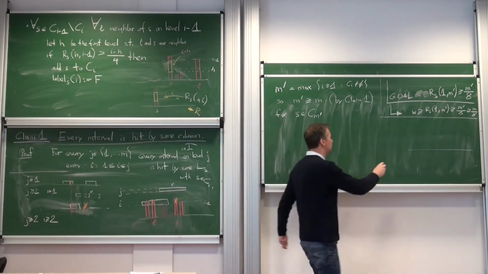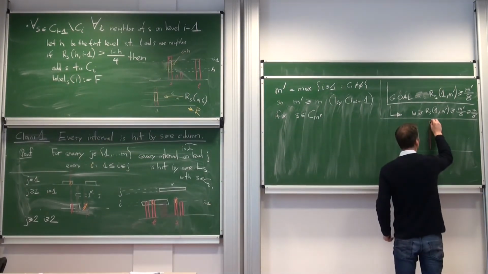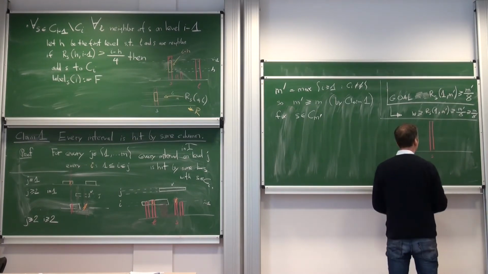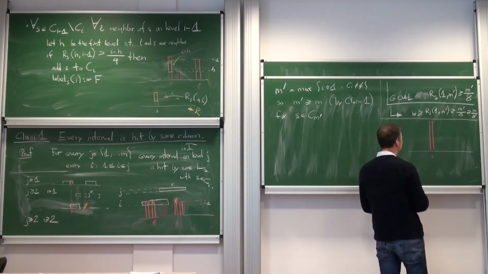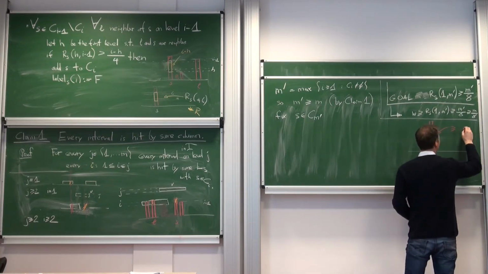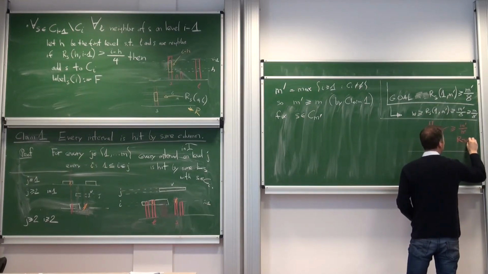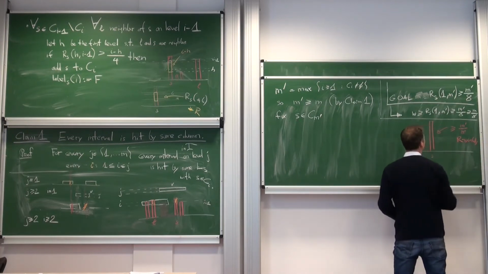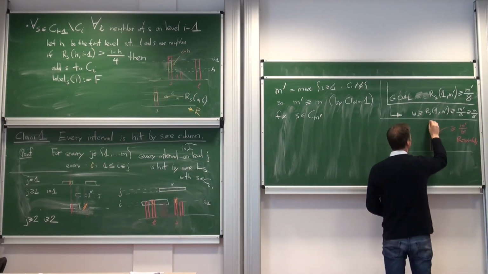So this is one of our highest columns, and we would just like to say that here there are at least m prime over 8 r symbols. The height is m prime.